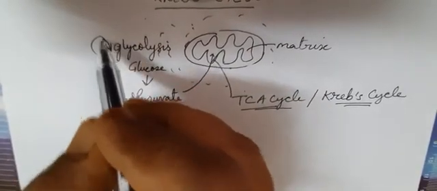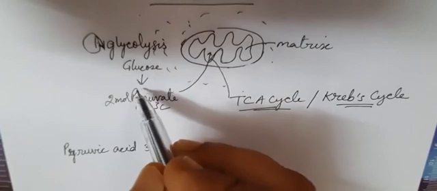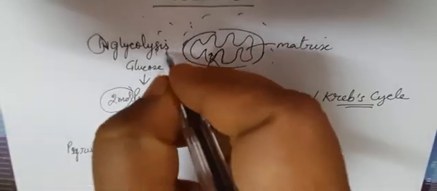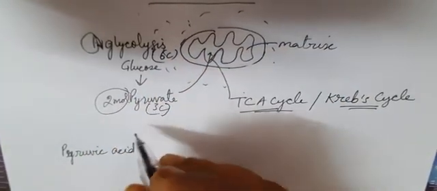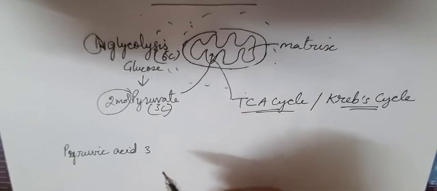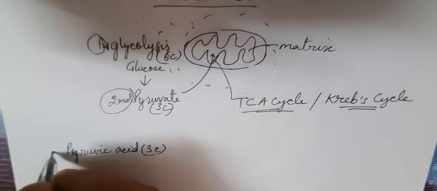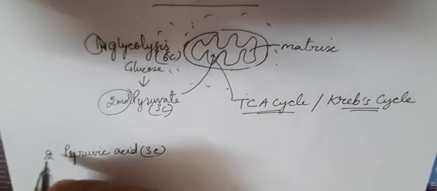So 1 molecule of glucose is broken into 2 molecules of pyruvate. Glucose was a 6 carbon compound, and it will break up into 2 molecules of 3 carbon compound. So pyruvic acid is a 3 carbon compound, and we have got 2 molecules.